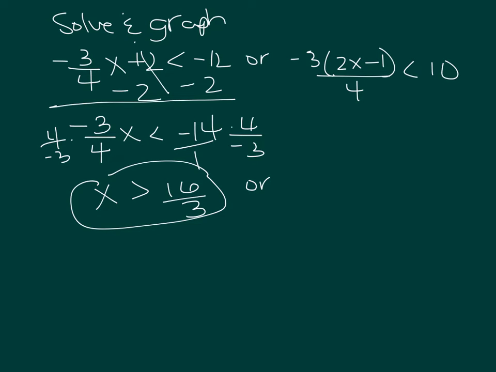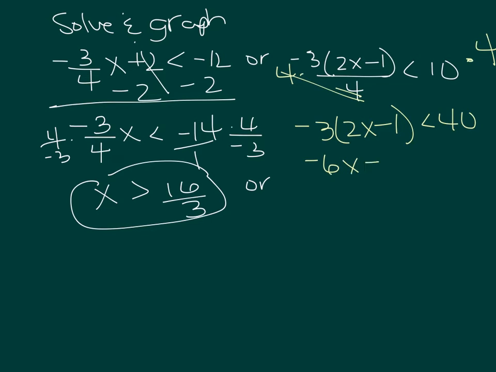Or, on the right one, I'm going to multiply both sides by 4. And what happens here is my 4's cancel out, and you get negative 3 times the quantity 2x minus 1 is less than 40. I'm going to do the distributive property.